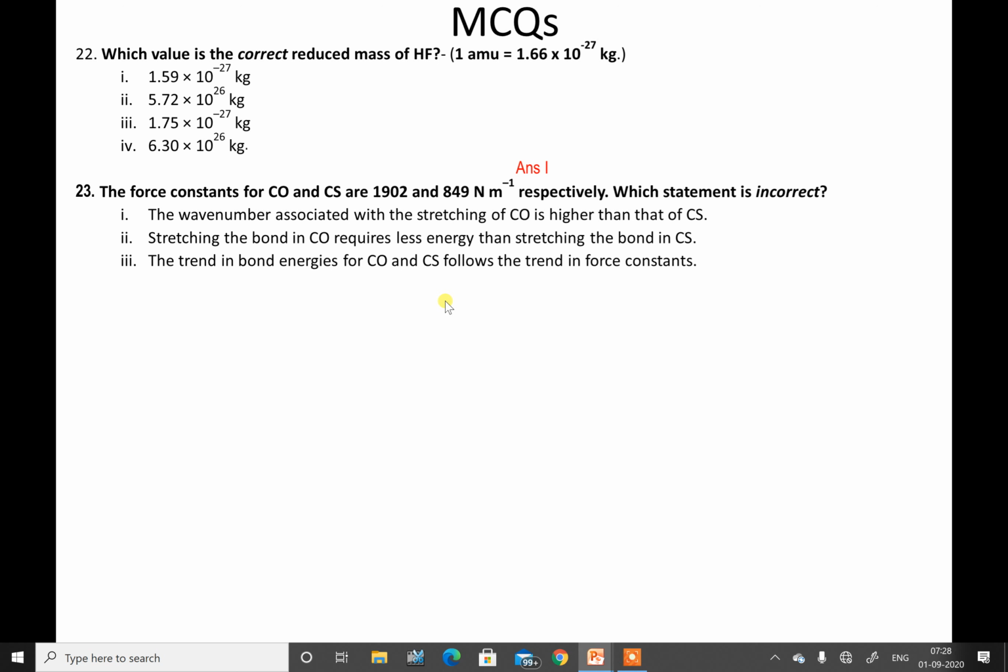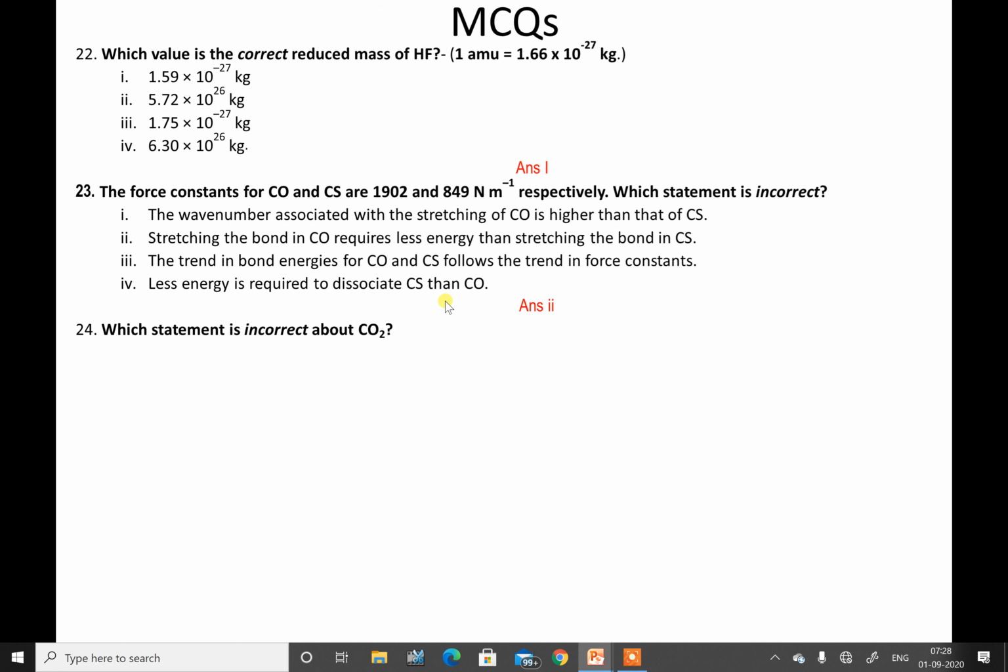Stretching of the bond in CO requires less energy than stretching of the bond in CS. The trend in bond energies for CO and CS follows the trend in force constant. Less energy is required to dissociate CS than CO. And naturally, I think the second answer is right.